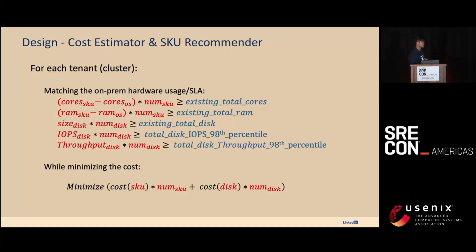We also keep some RAM buffer for the operating system and the daemon as well. After that, we make sure that the total capacity of the cluster is larger than the actual resource usage to serve the table. The resource usage is basically these percentile numbers we measured on the real cluster.